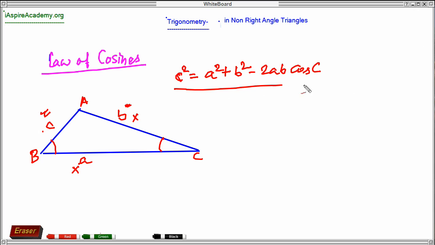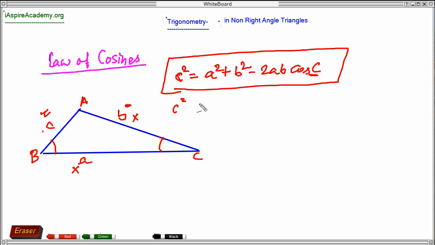So if you look at the formula, this is applied to any triangle. Now if you apply it to a right angle triangle where C is a right angle, so if C becomes 90 degrees, then C square equals A square plus B square minus 2AB cosine of 90 degrees.